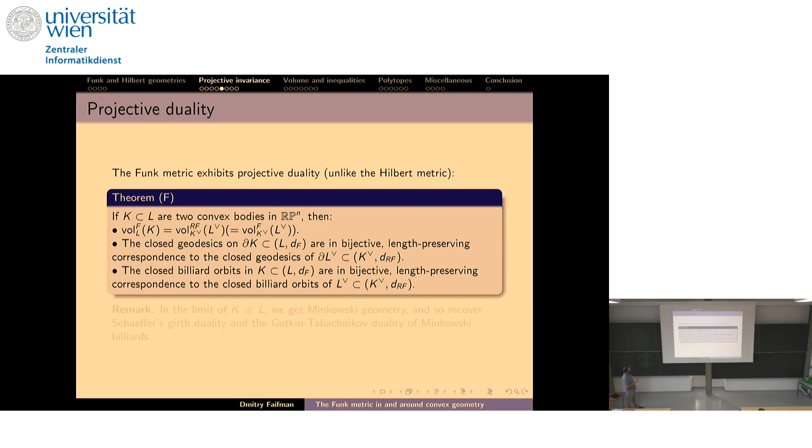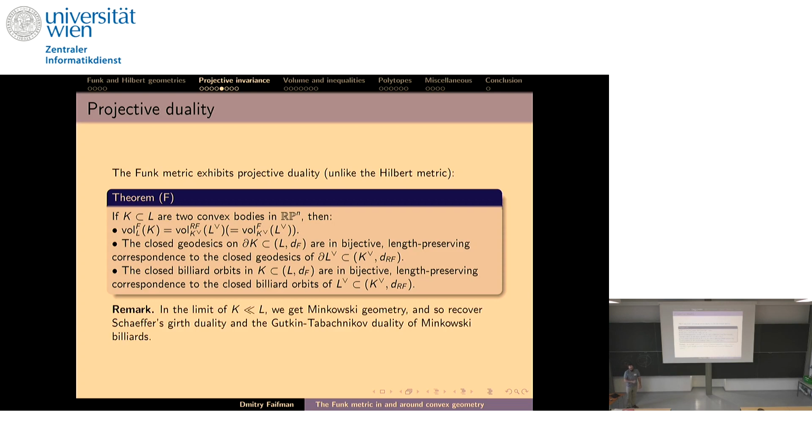Okay, but also if you look at the closed geodesics on the boundary of K, then they correspond to closed geodesics on the boundary of L polar inside K polar. Here it's important that you're looking at the reverse Funk metric, and they would have the same length. And for the billiards we were discussing, the same thing holds: corresponding billiard orbits would have the same length.